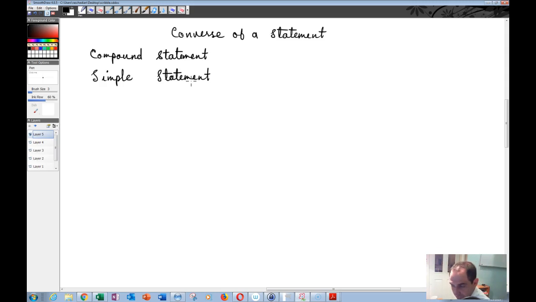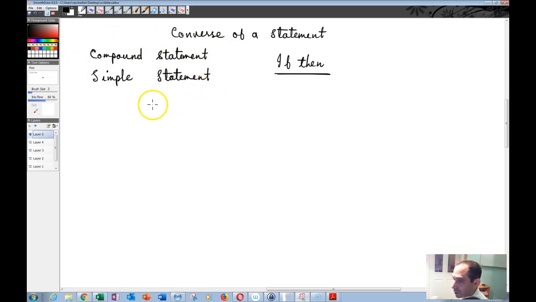For example, it is raining today. So that's a simple statement. Now, if you put together two or more simple statements, it's possible to do that in many different ways. One of the ways is using if and then. So if you use if then and put a couple of simple statements together, you'll get a compound statement.